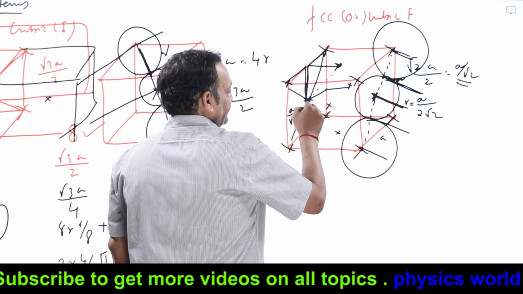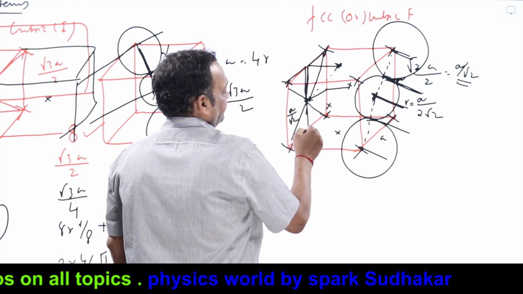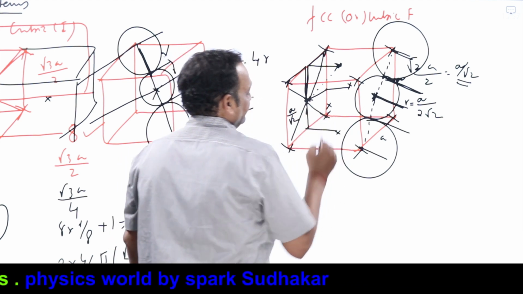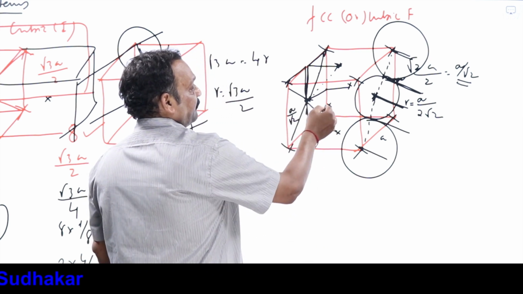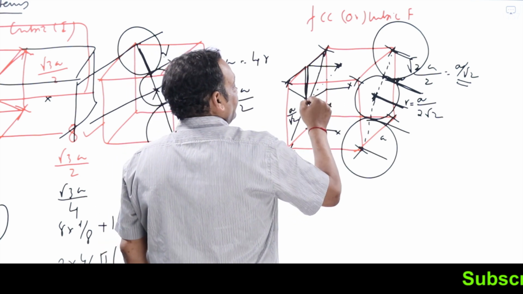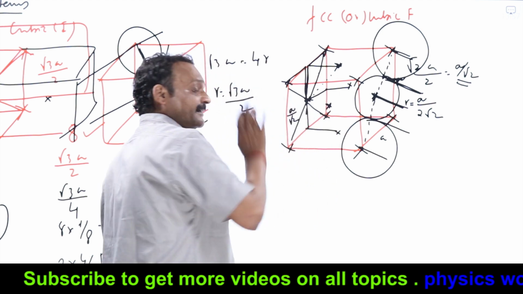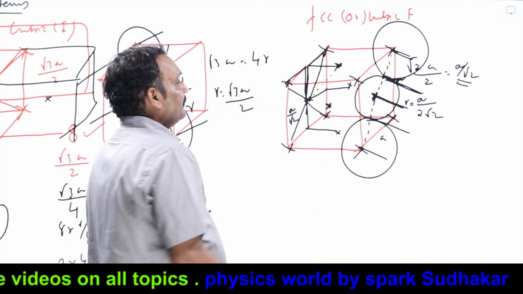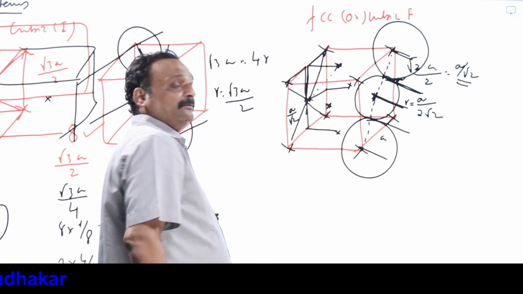Similarly, the bottom face center: I have to travel straight a by 2 and then a by 2 like this. This also will be at a distance a by root 2. Similarly, the front face center will also be at a distance a by root 2. This means that for this lattice point, all 4 corners are at the same a by root 2 distance, and these 4 face centric lattice points are also at the a by root 2 distance only.